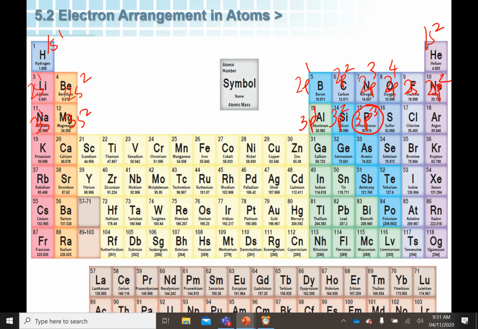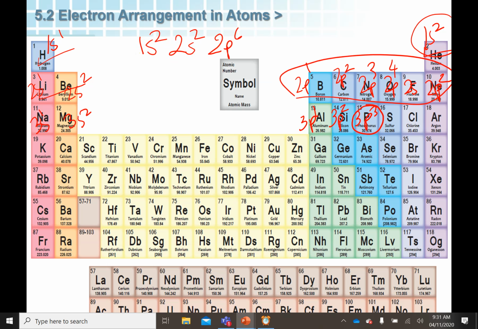So what we have is 1s2, 2s2, 2p6, 3s2 and 3p3. This is the electron configuration for phosphorus.